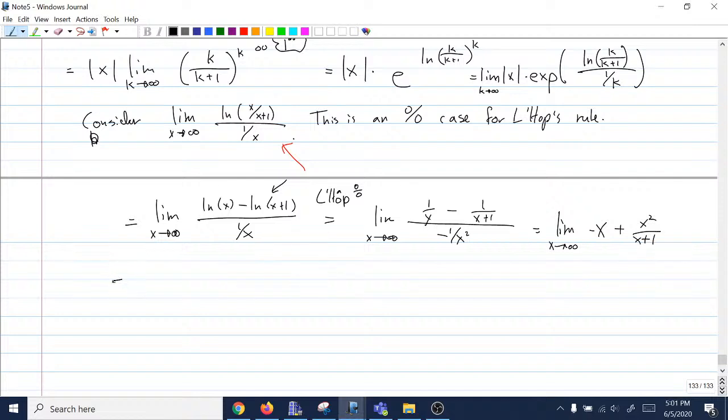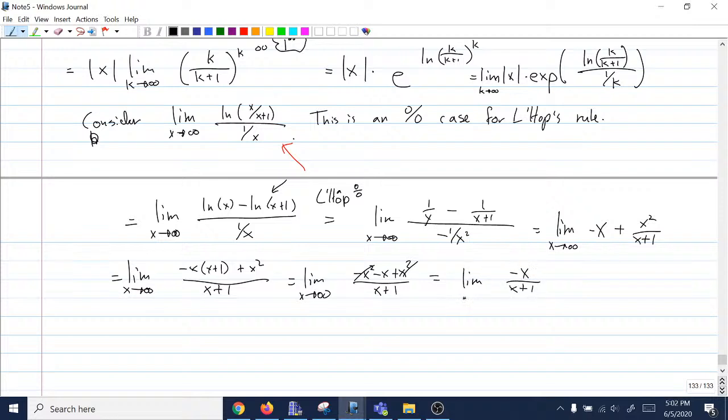I guess I want a common denominator. This is negative x squared minus x plus x squared over x plus 1. The x squareds cancel. Limit of negative x over x plus 1. Degree of the top equals degree of the bottom. The limit is leading coefficient over leading coefficient, negative 1 over 1.